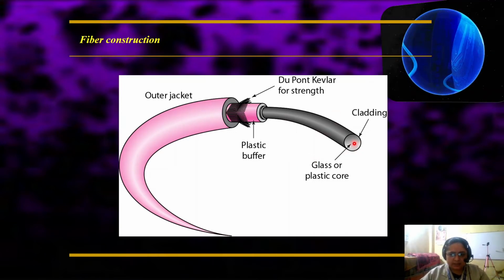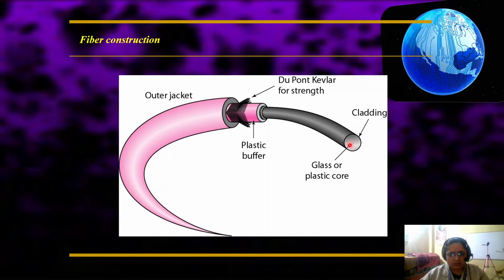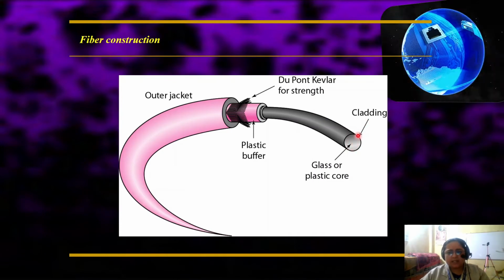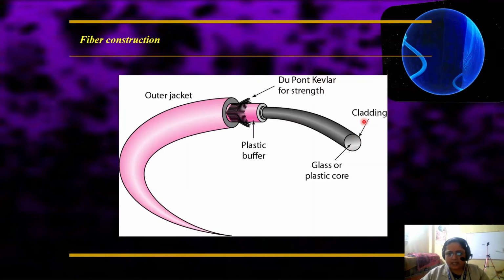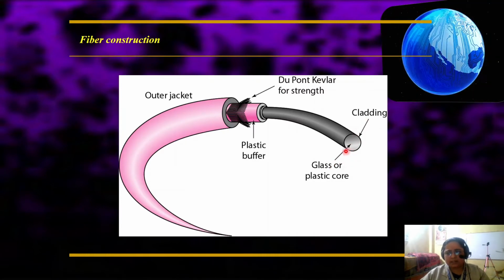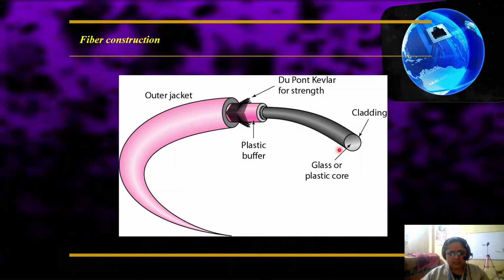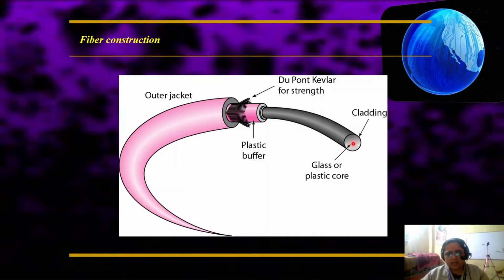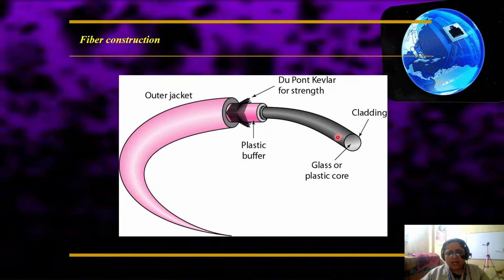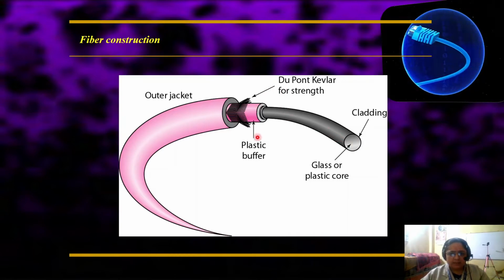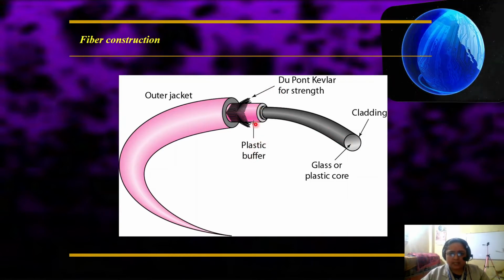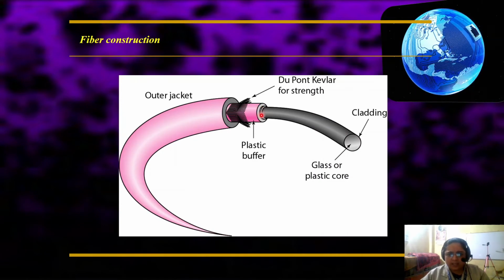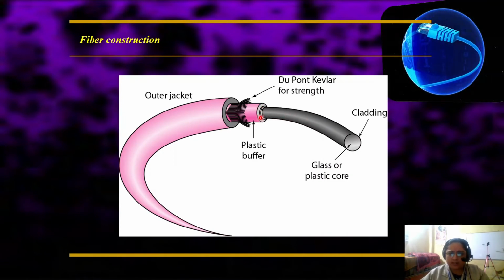In the center you have the glass or plastic core, and at the edges you have the cladding. Usually plastic is a bit cost effective and inexpensive compared to glass, so sometimes plastic fibers are also used. Then you have the plastic buffer, which is an outer insulator or outer layer for protecting the core and cladding.